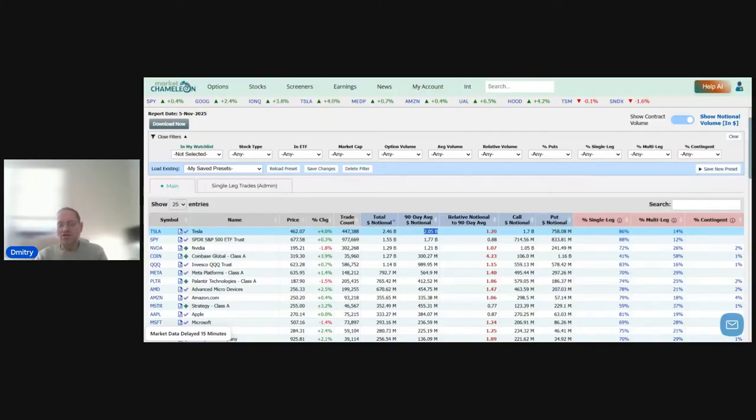So that's the idea behind dollar notional, right? What is the total dollar amount that's being transacted in volume? So that's the difference between volume and notional dollar value of all those trades.